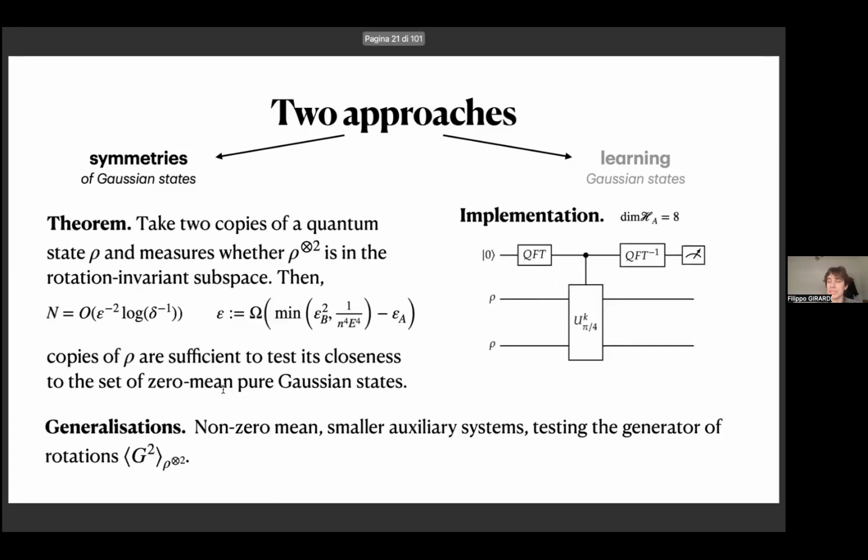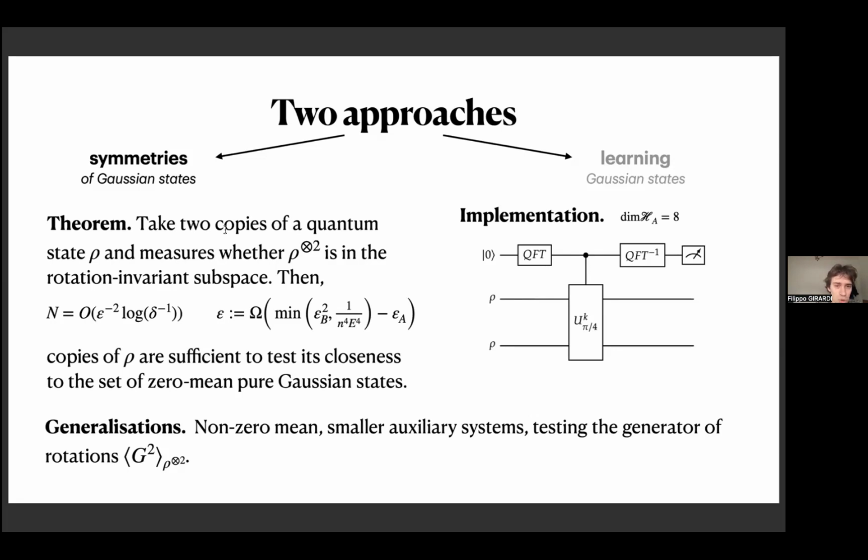So how do we implement this idea in our testing problem? It's possible to prove, and I will not spend so many words on this because I wanted to go into more detail on the learning approach, which is more related to the topic of this winter school. But it's also important to mention the symmetry approach.